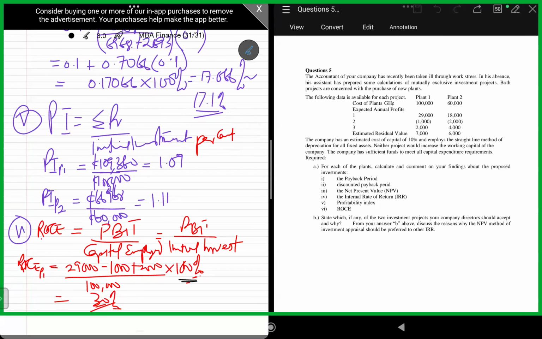The last one. State which, if any, of the two investment projects your company director should accept and why. From your answer B above, right? So, which of the two investments should the company accept? They should accept plants. Which one is it? Which one had a higher NPV?